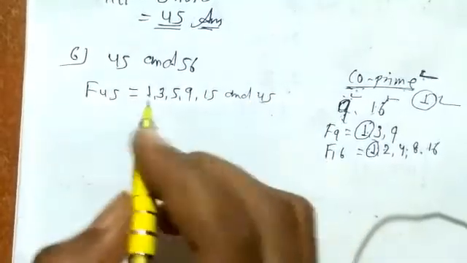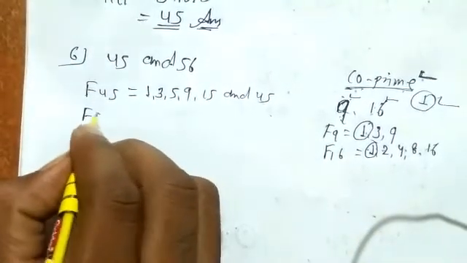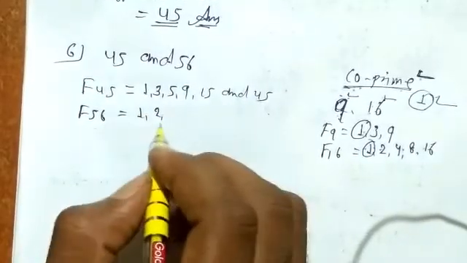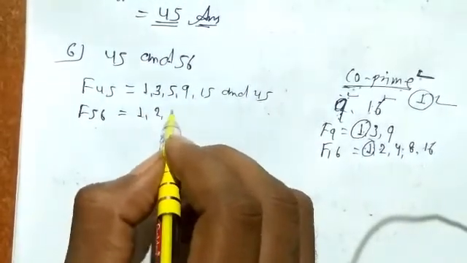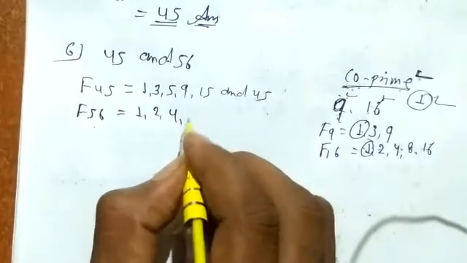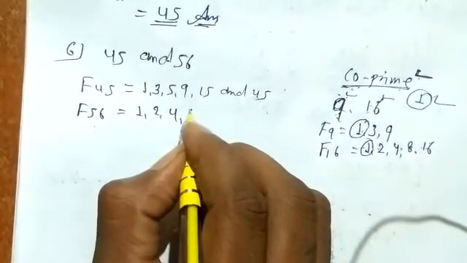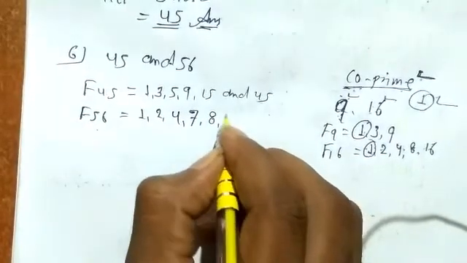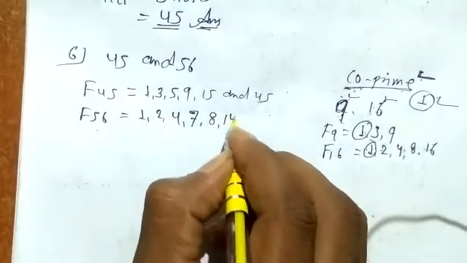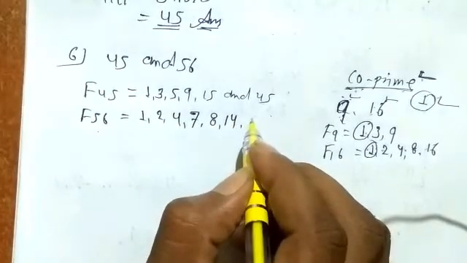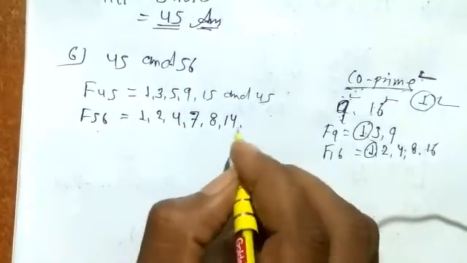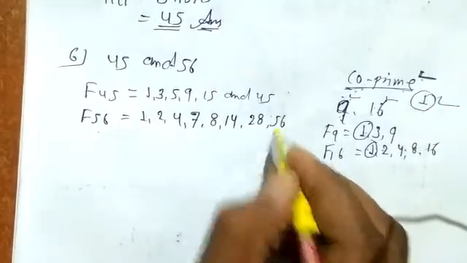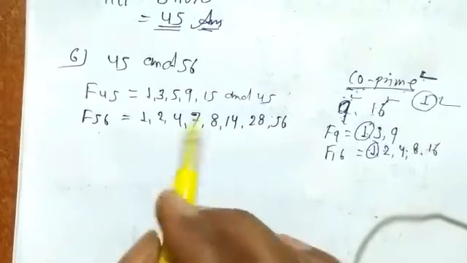These are the factors of 45, and the factors of 56 are equal to 1, 2, 4, 7, 8, 14 and 28, 56. These are the factors of 56.